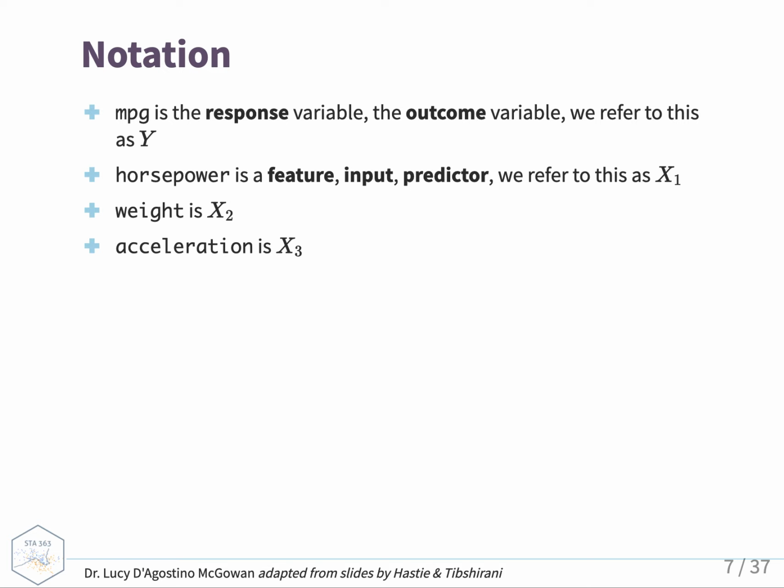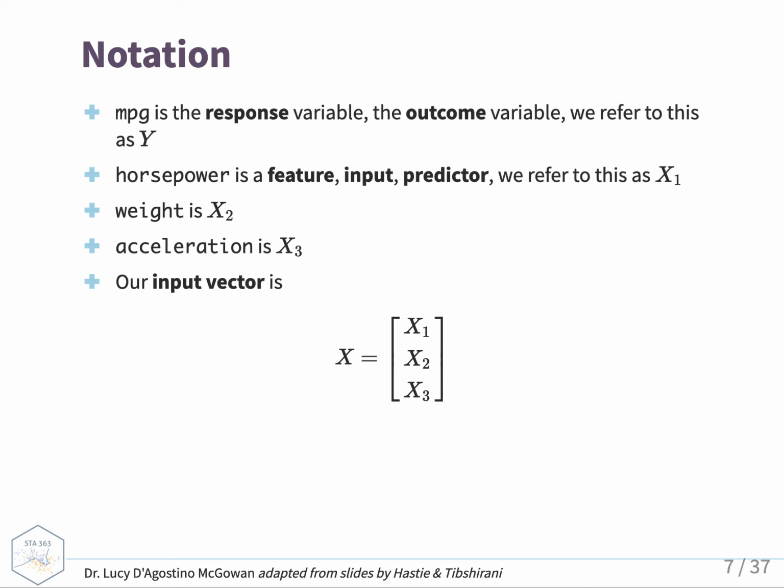I'm happy to clarify any of these as we go through. So horsepower, for example, is a feature, an input, or a predictor. We refer to this as x1. Weight is also a feature, input, or predictor. I'm going to call this x2. And acceleration, also a feature, input, or predictor, I'm calling x3.